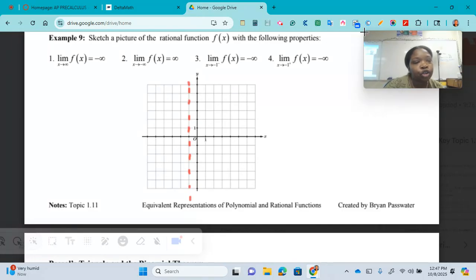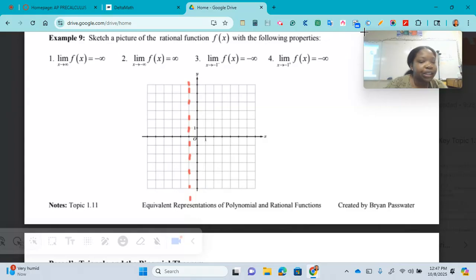As x goes towards infinity, our y goes towards -infinity. All right. Am I missing anything else? All right, let me do this one. Let me first work towards the vertical asymptote.